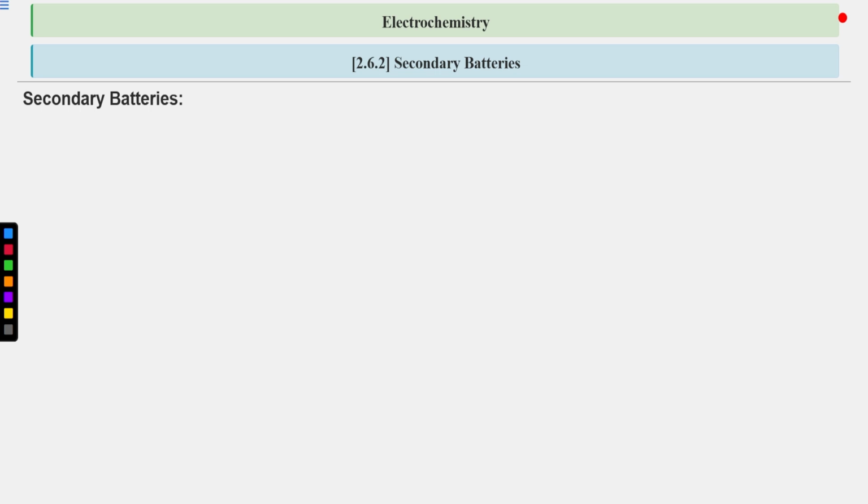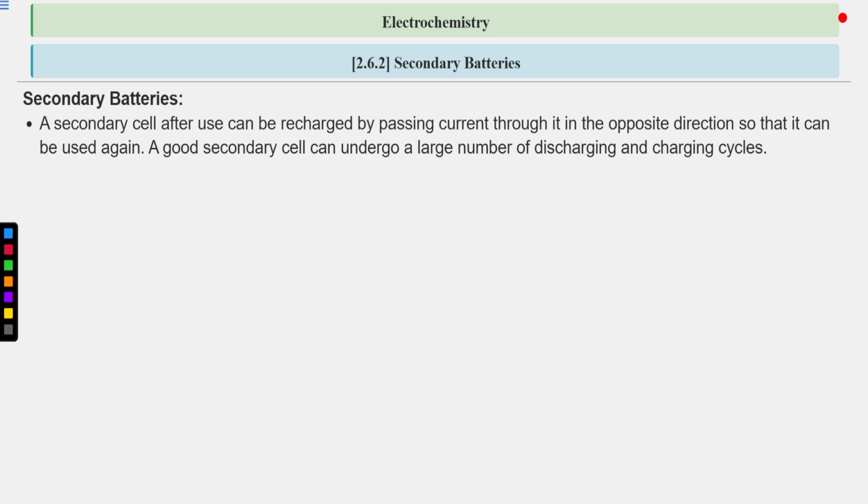Continuing on this, a secondary cell after use can be recharged by passing the current through it in the opposite direction so that it can be used again. We can reuse a secondary cell, so how can we do that?